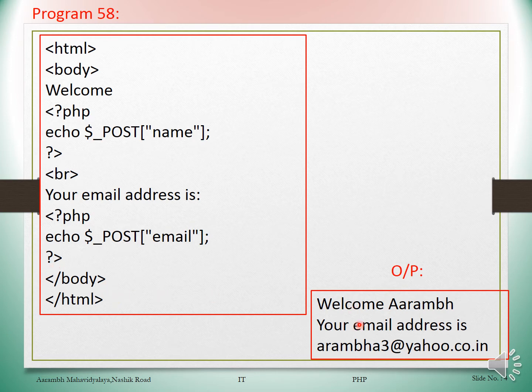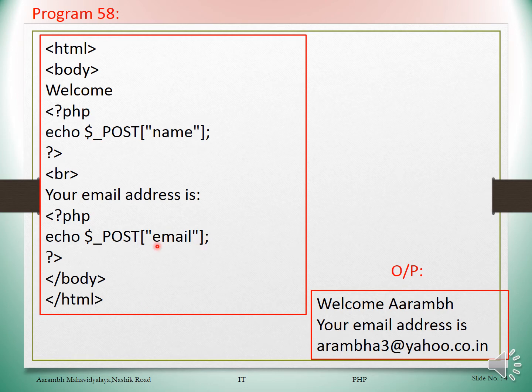Now see the output. Here after the body we have provided welcome, therefore this welcome text is displayed here. The provided name is here, the username is Aramba, therefore welcome Aramba is our output. Then we have provided a break, and on the next line, your email address is, which is displayed here.